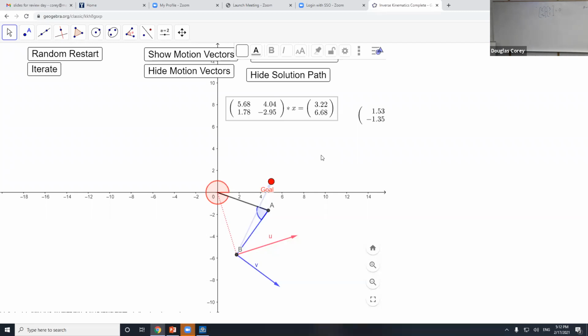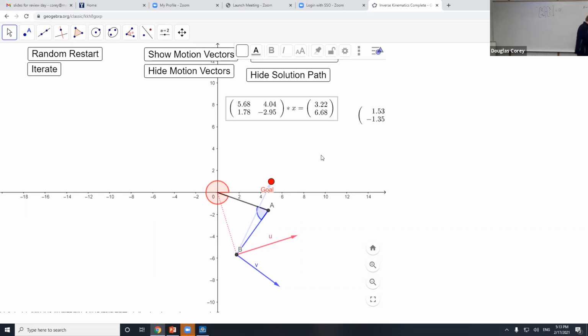I'd take goal and subtract B. And I've already done that. It's right there. To equal 3.22, 6.68. And of course, I could rewrite this as the way I have it up there. That times (x, y) equals (3.22, 6.68).